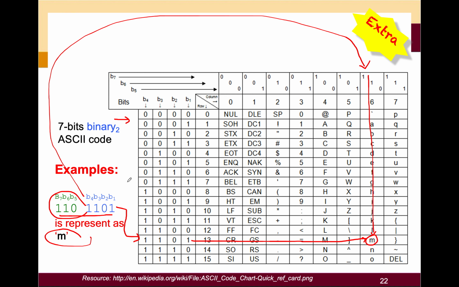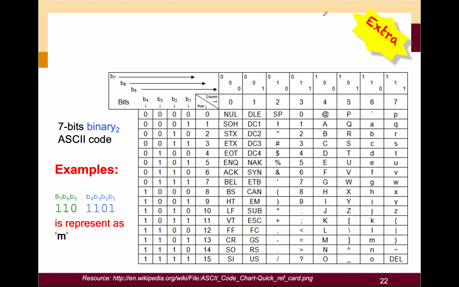You have long numbers over here, 110, 1101, but basically you just know that it is M as the ASCII code. So maybe you can try to find my name. I need to have L. Let me put L first. L I Z E. Let me erase everything.